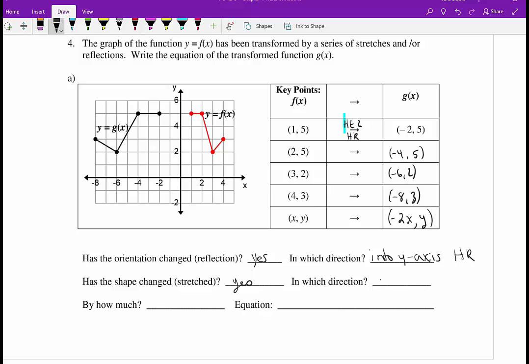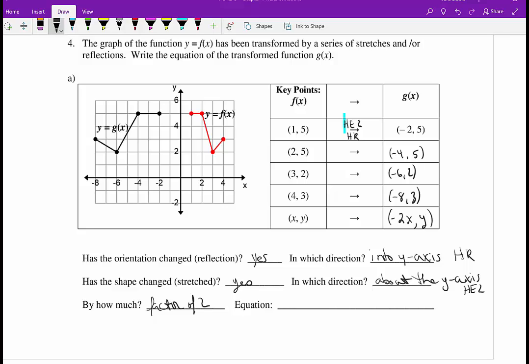Well, about the y-axis. Okay, and we've stretched it by a factor of 2, right? So it's an HE2. Okay, so by how much? A factor of 2.